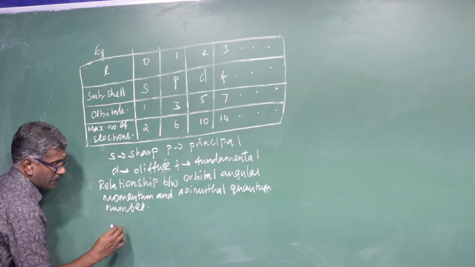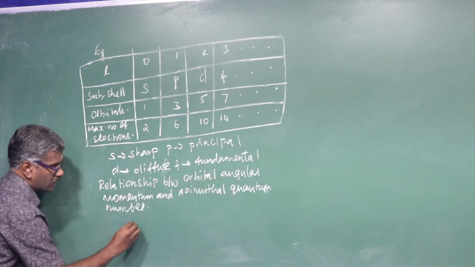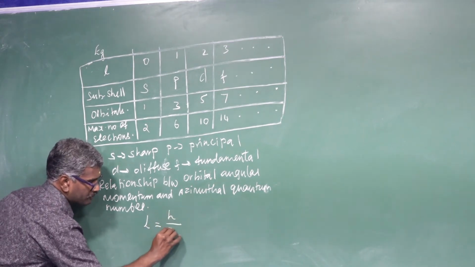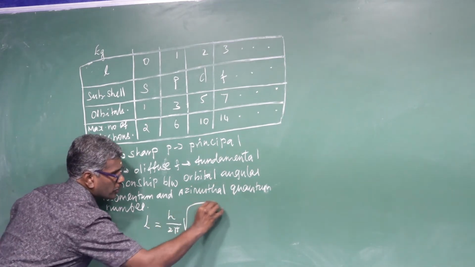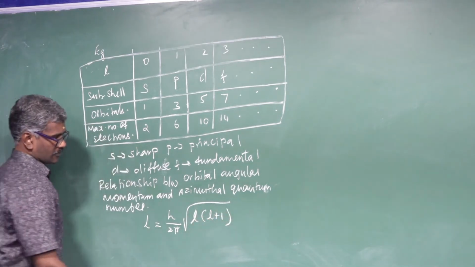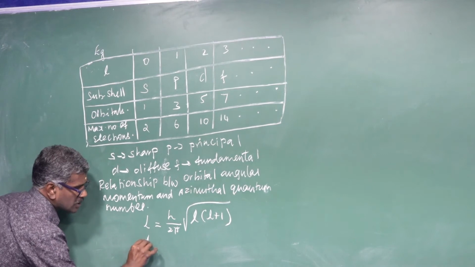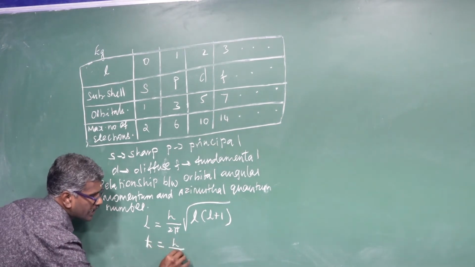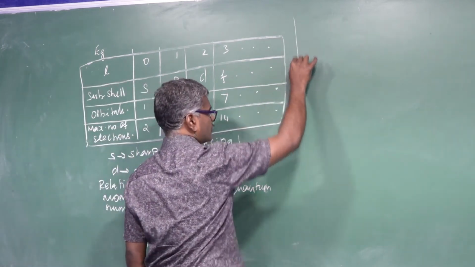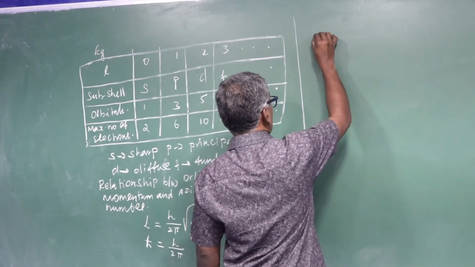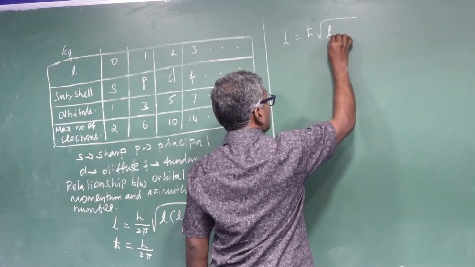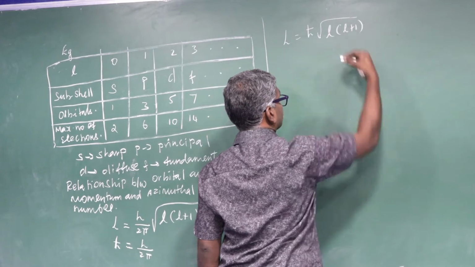The orbital angular momentum, capital L, should be equal to h by 2 pi times the square root of l into l plus 1. Here h bar is nothing but h by 2 pi. This equation becomes L equals h bar square root of l into l plus 1.